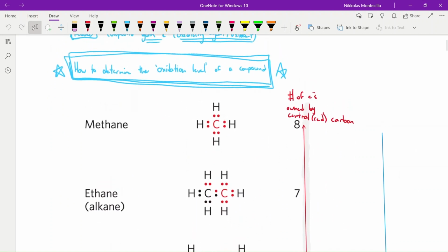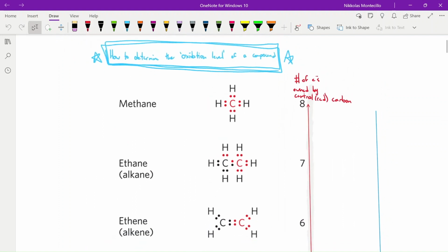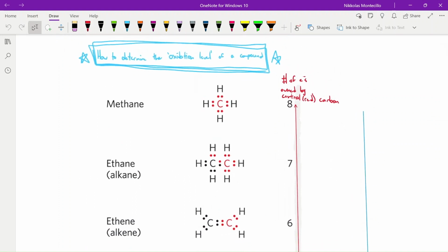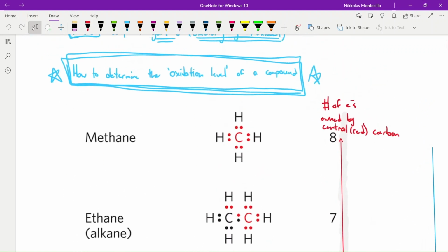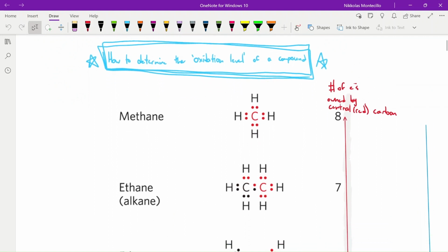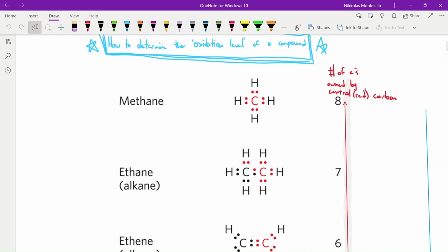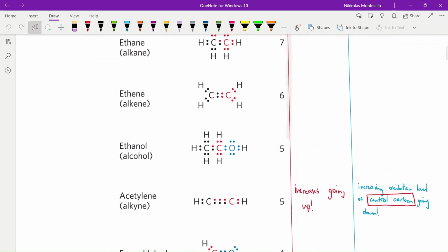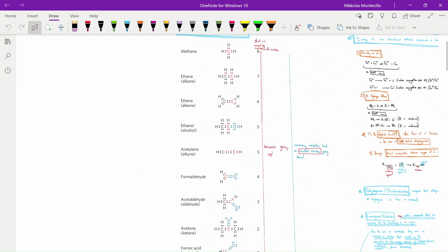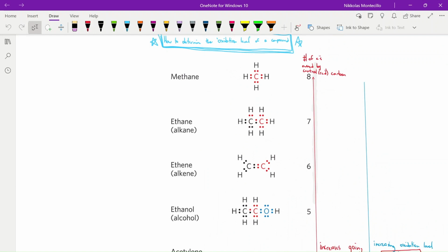Okay, so we can determine the oxidation level of a compound based on the constituents of the molecule present. Rather than the oxidation level of the compound, we're referring to the oxidation level of the central atom, which in this case is the carbon atom.